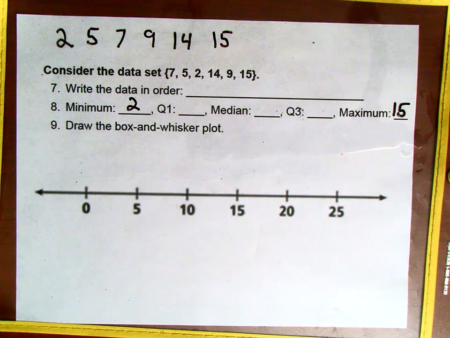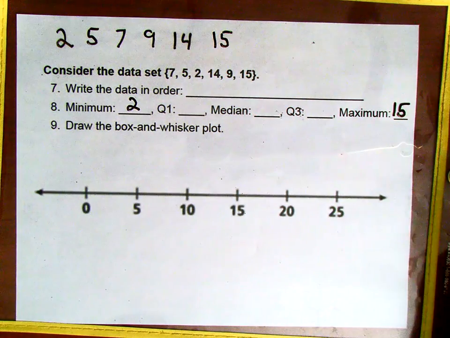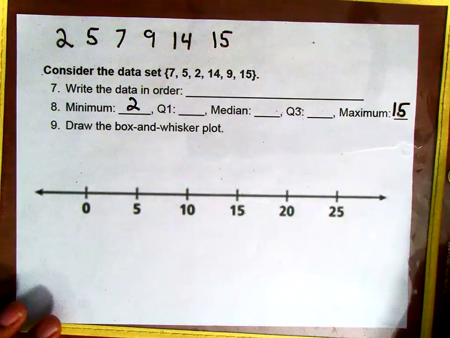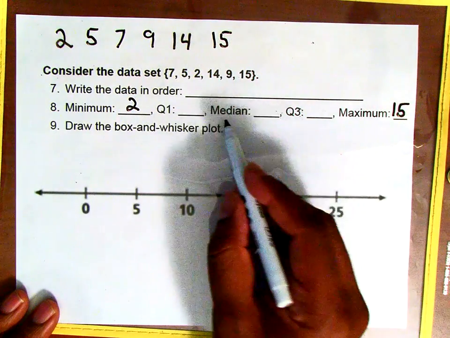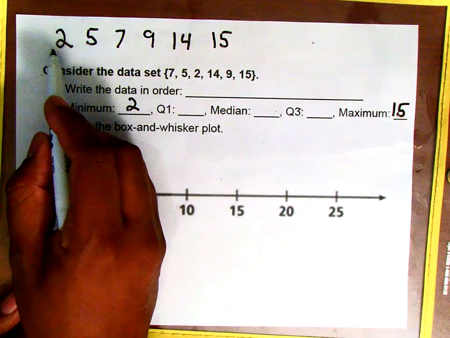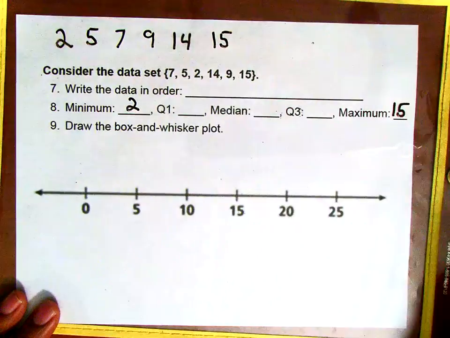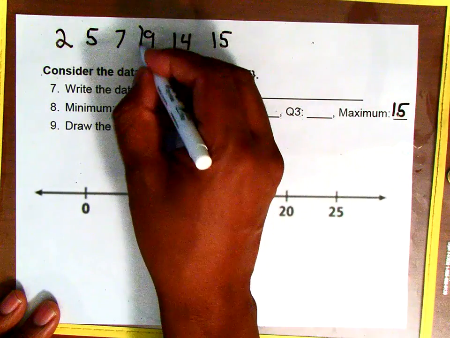All right, the next thing I'm going to do is go ahead and box in and try to find my median here. So here, this time I'm going to count, and I've got 6 numbers. So when I box, I don't have a number in the middle.